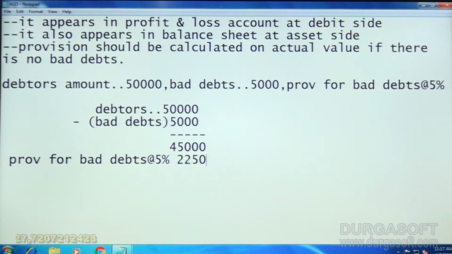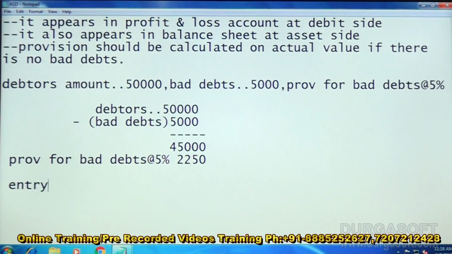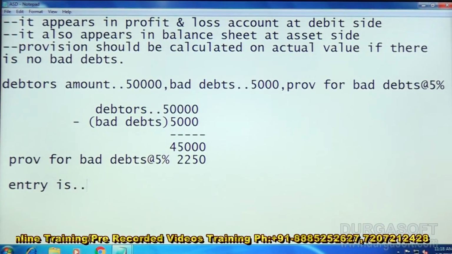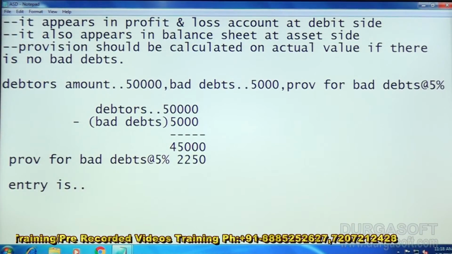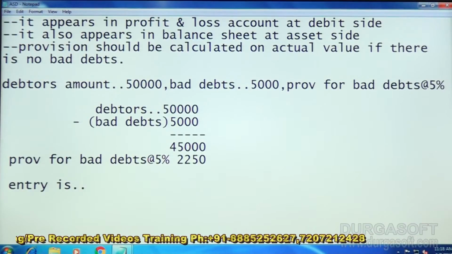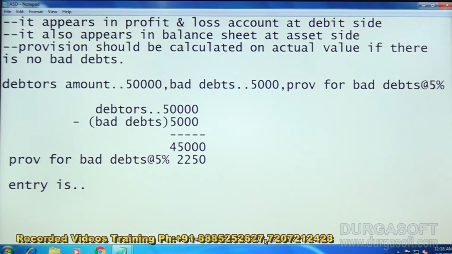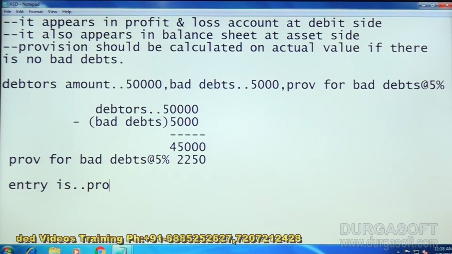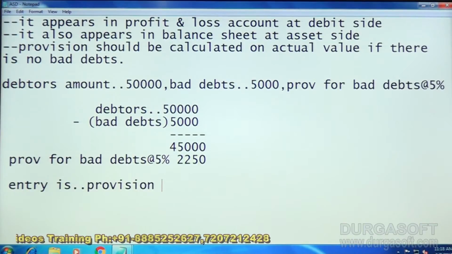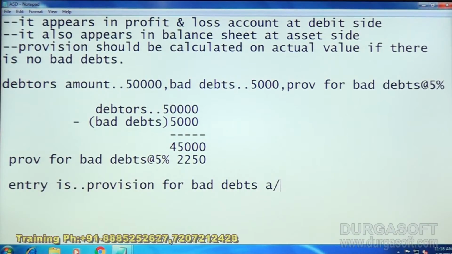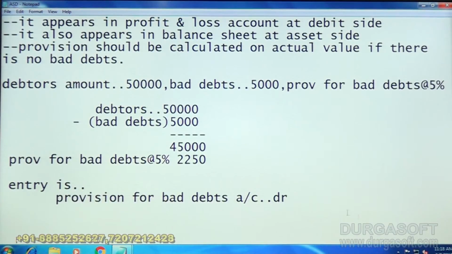So this is the total we need to deduct from 45,000. If there are any bad debts, in this way we need to calculate, and the entry we need to pass is: provision for bad debts account debit, to debtors account.